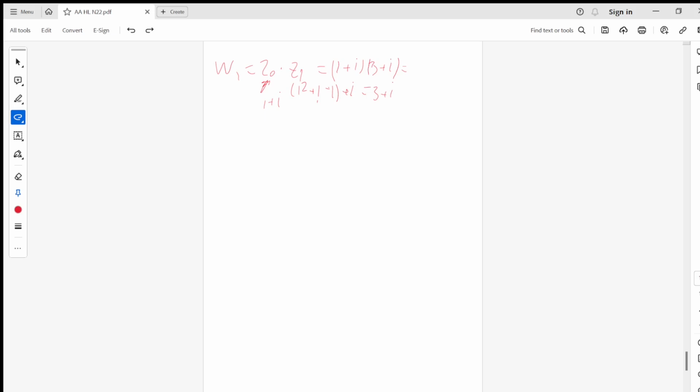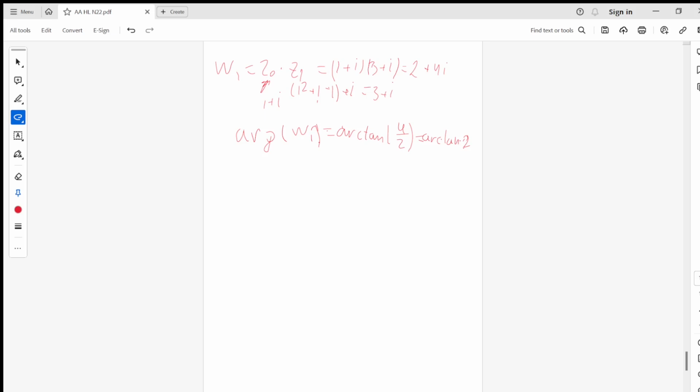And it's just 2 plus 4i, and the argument of W1 is just arctangent of 4 divided by 2, which is arctangent 2.